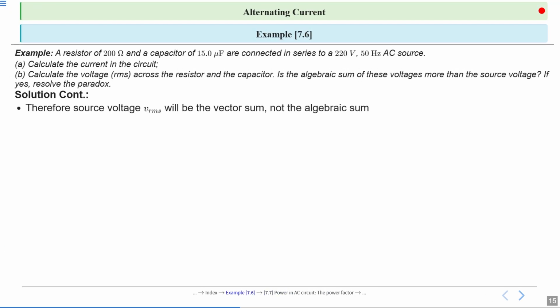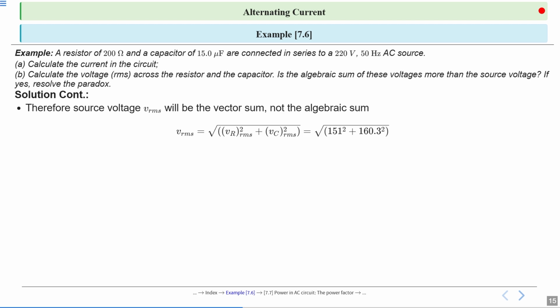Therefore, the source voltage V RMS will be the vector sum, not the algebraic sum. So what is the vector sum? How will we take the magnitude of the vector resultant? The magnitude of the resultant is equal to root of a square plus b square plus 2ab cos theta.